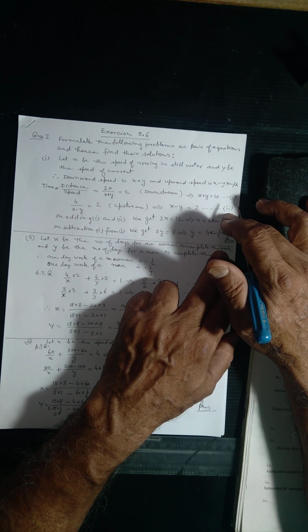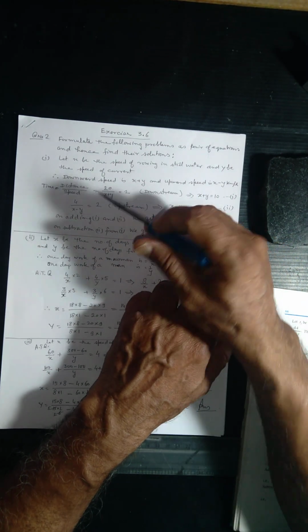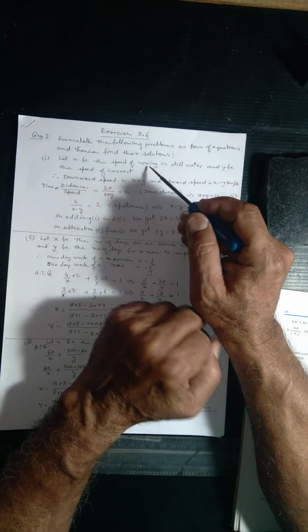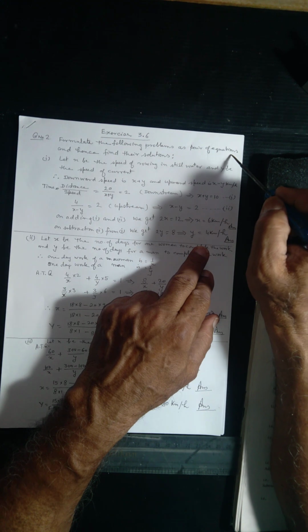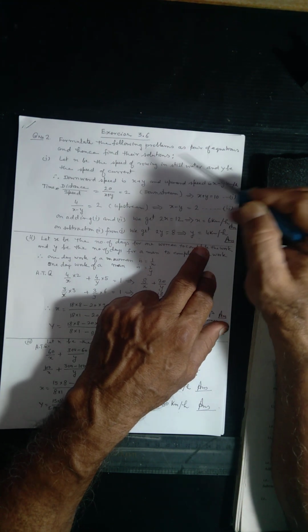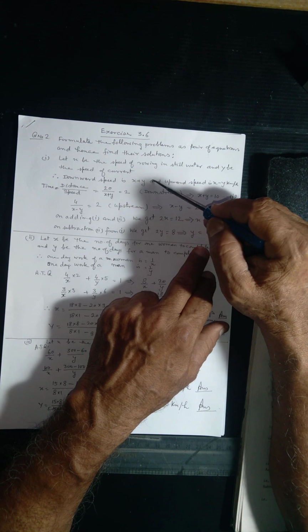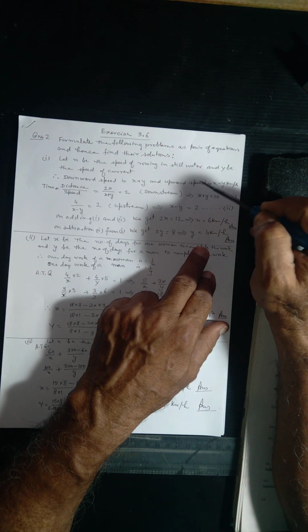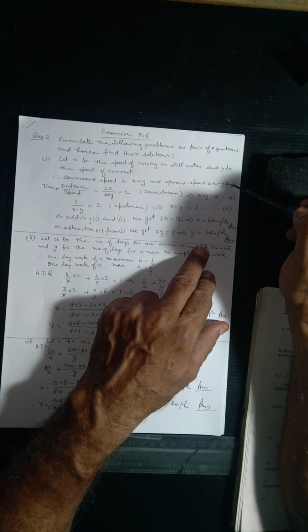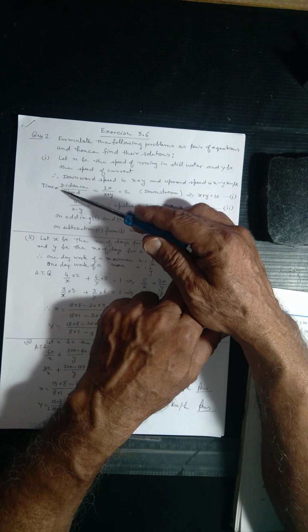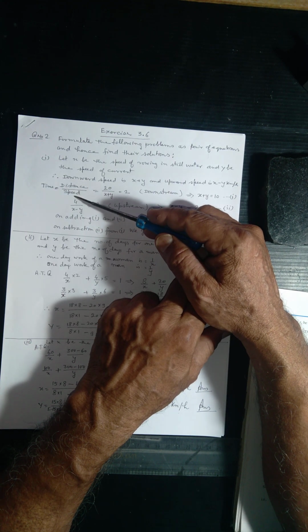Find her speed of rowing in still water and speed of the current. So here I have assumed, let x be the speed of rowing in still water and y be the speed of current. So downstream speed is x plus y and upstream speed is x minus y kilometers per hour. The formula used here will be time is equal to distance upon speed.